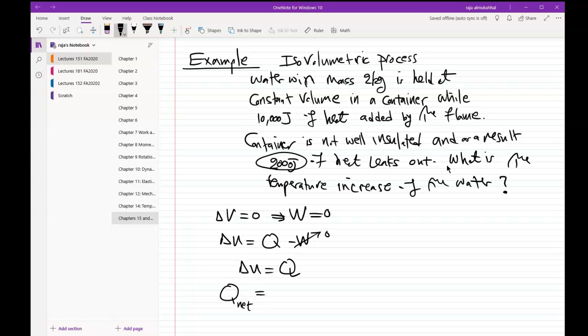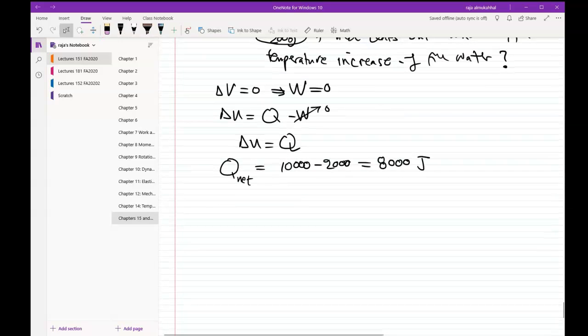Okay, so it's going to be 10,000 minus 2,000, so basically 8,000 joules of heat is being converted into internal energy. You see what I'm saying? To the water. So therefore, delta U is equal to, in this case, 8,000 joules. Okay?